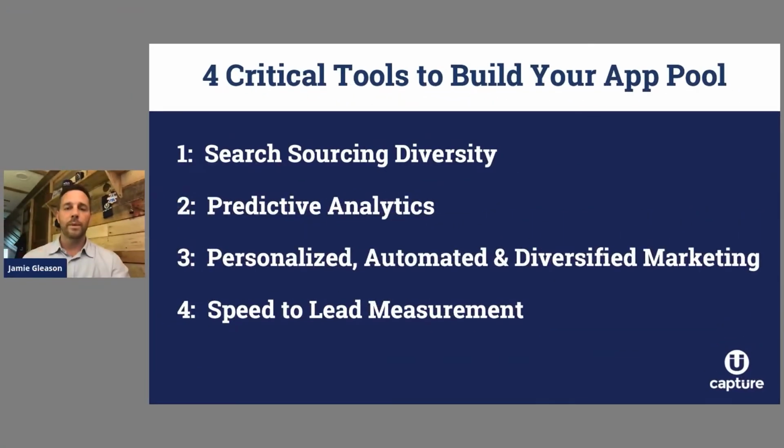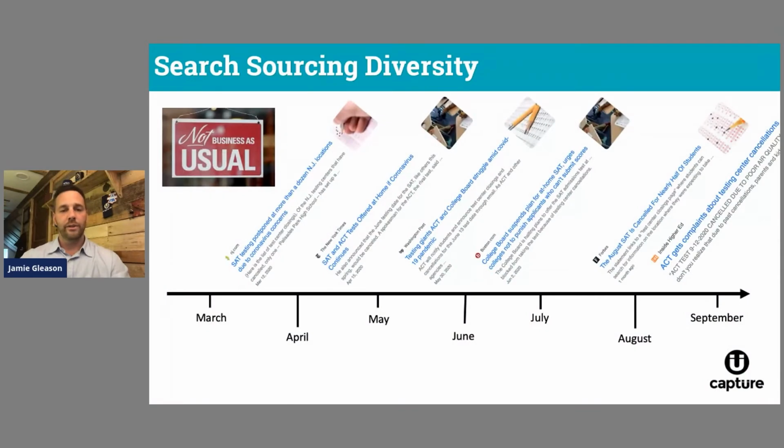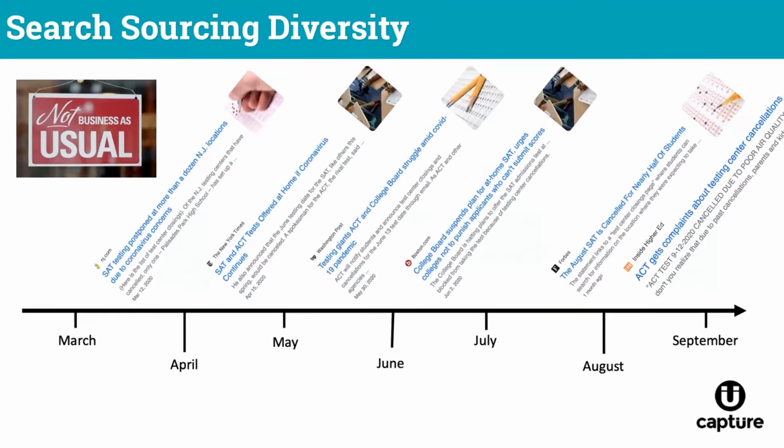And what we're up against in the current market, the first point of what we're going to talk about today, is search sourcing. And what is happening? Oh my word. It's been about 5 or 6 months since the heat of the pandemic, the first cancellations of the ACT and SAT.